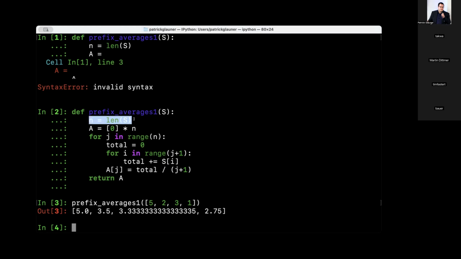What is the complexity of the first statement? Or how many primitive operations do I need for the first statement, where I look up the length in S and store it in n? And maybe turn on your mic, I'd like to discuss this with you and see what you think from the work we have done before, what kind of complexity this could be.